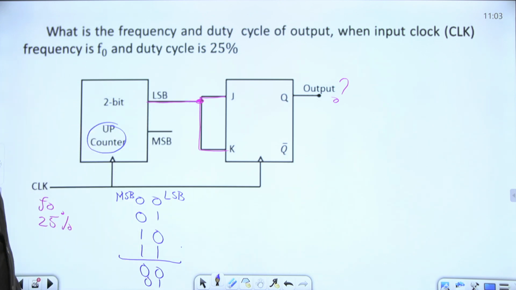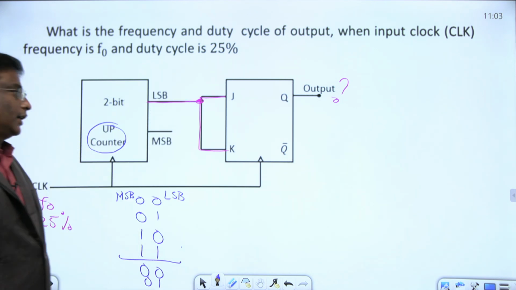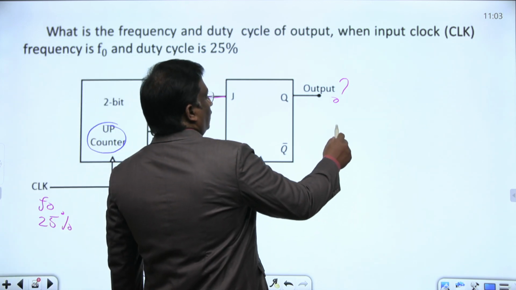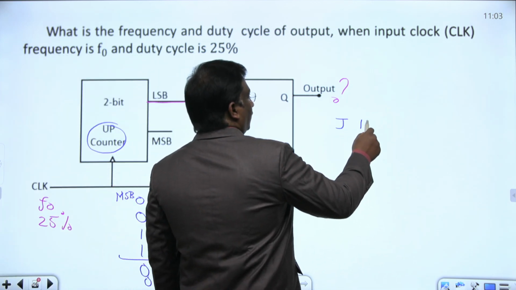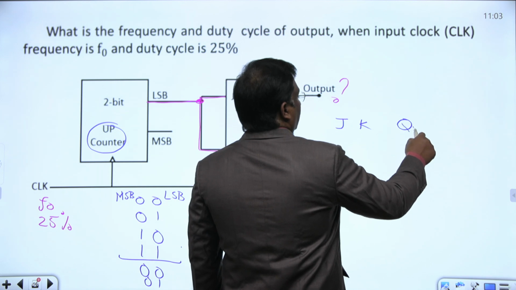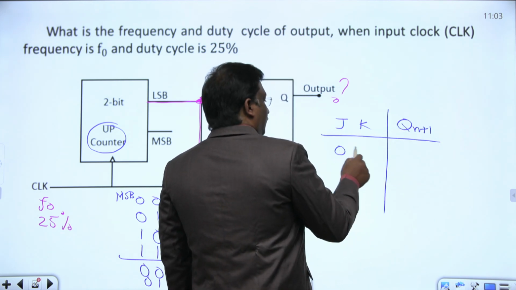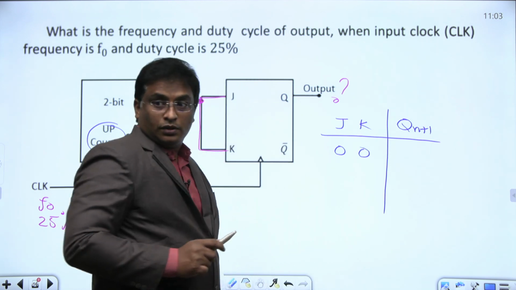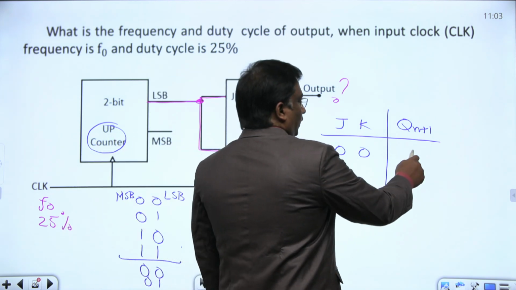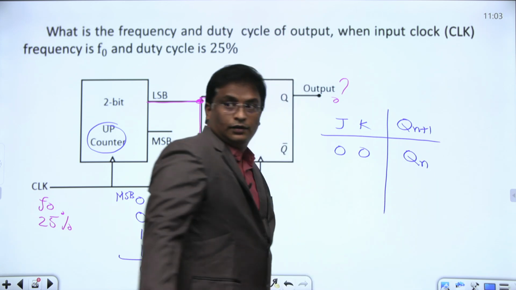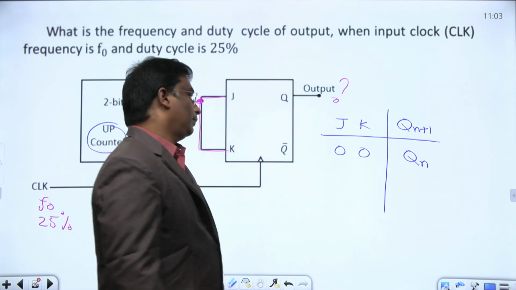Before solving this question, we should know another piece of information about the JK flip flop. What is the truth table of the JK flip flop? JK, the next state output Qn plus 1. When both the inputs are 0 0, output is nothing but Qn, the previous state itself. 0 0, next state is nothing but the previous state.